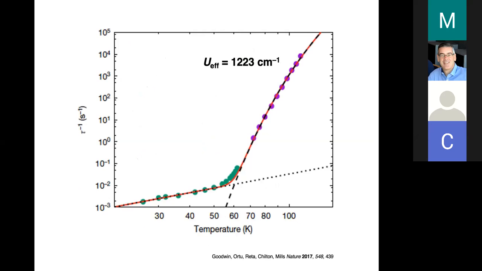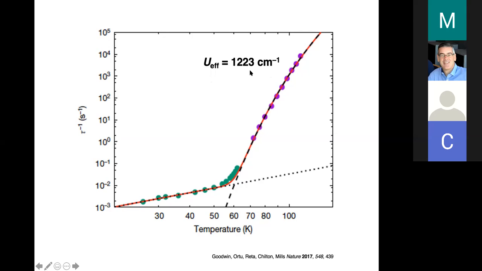So this is just taken from magnetic data. This is showing how the relaxation times are varying with temperature. And this region here is where you're seeing thermal activation. You're at high temperature, you're thermally activating over the barrier. And that allows you to extract this activation barrier.